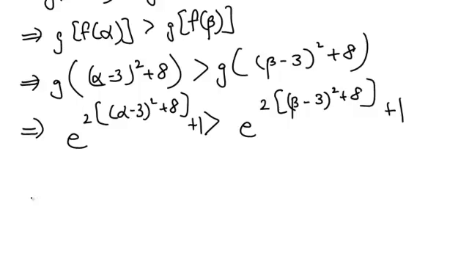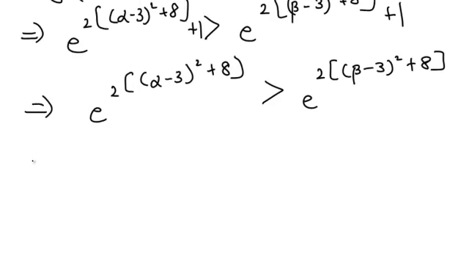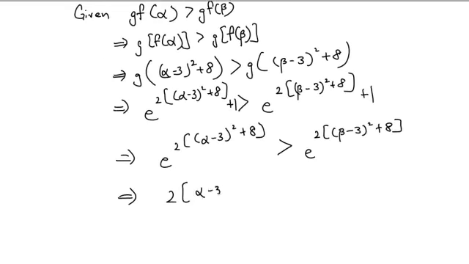By subtracting 1 on both sides, this gives us e to the power of 2 alpha minus 3 squared plus 8 is actually more than e to the power of 2 beta minus 3 squared plus 8. Taking ln on both sides of the inequality, I get 2 alpha minus 3 squared plus 8 is more than 2 beta minus 3 squared plus 8.